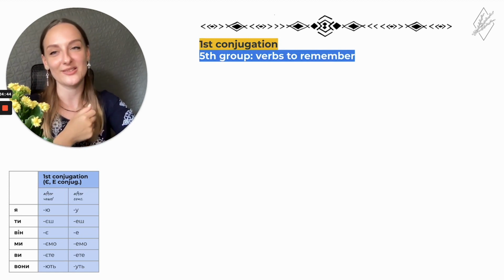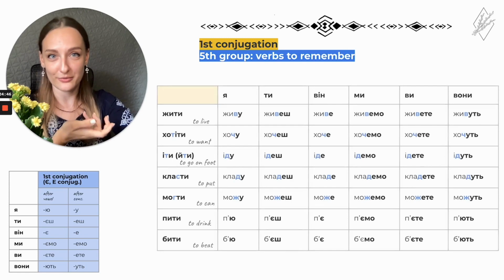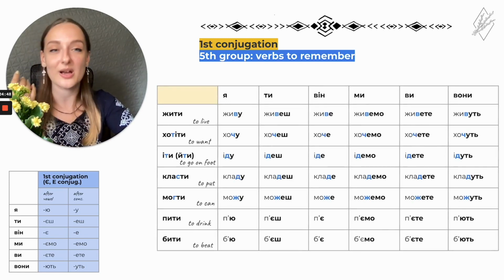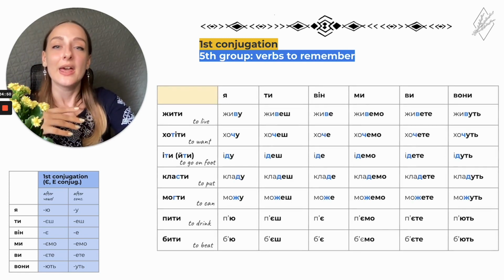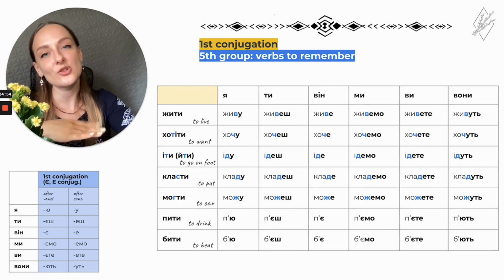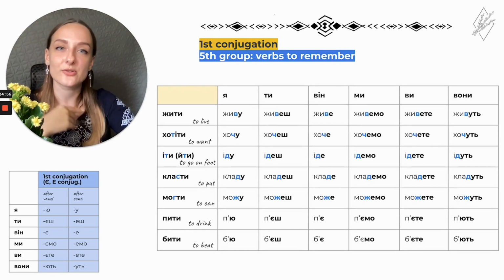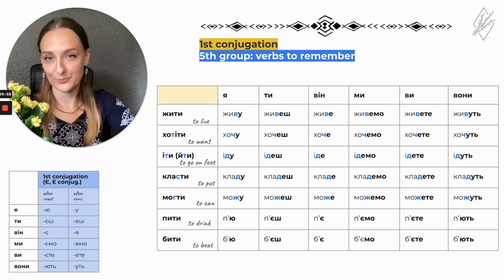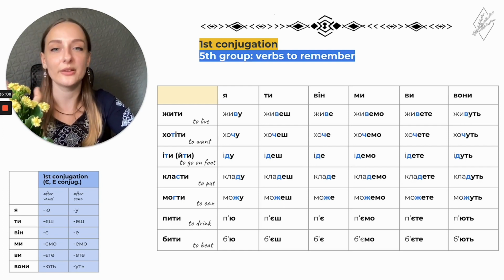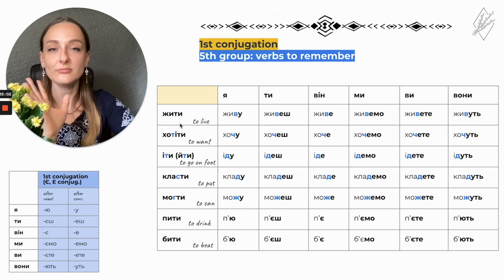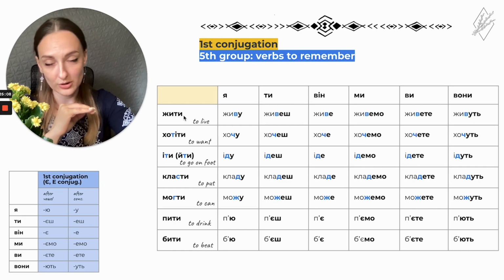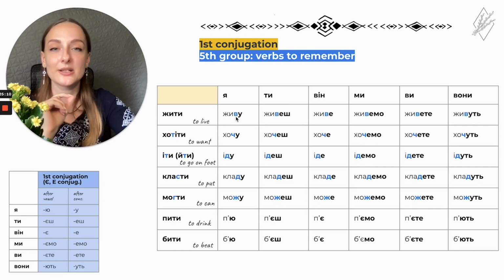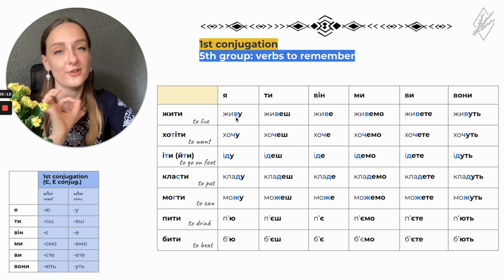And we have the fifth group, verbs to remember. I told you that there are some irregular verbs that we just must remember. And they all will have either sound alternation or some additional letters in their root. So these are the verbs жити. And you can see that here, when we change it, we drop the ending ti, as usual, but we add an additional letter v.